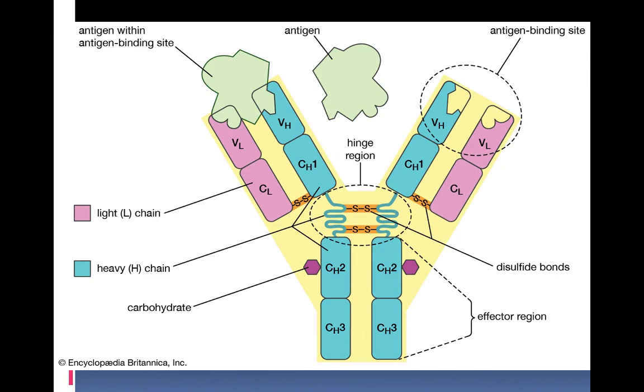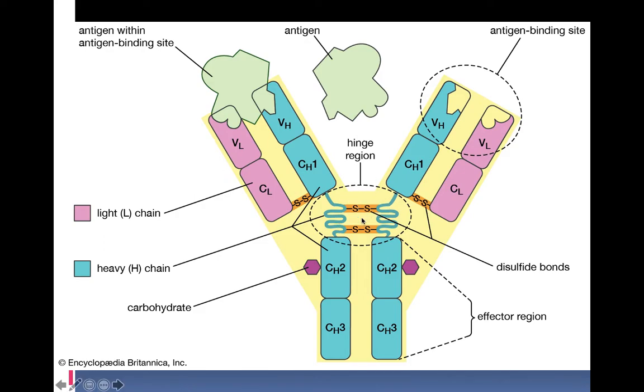And also between the constant region of the light chain and the constant region of our heavy chain. So two heavy chains of each antibody entity are connected covalently by our disulfide linkages.